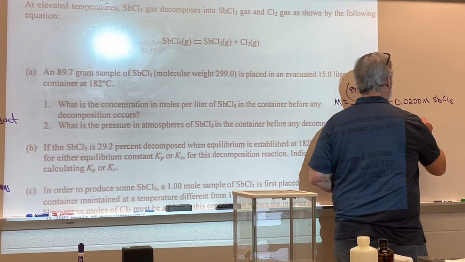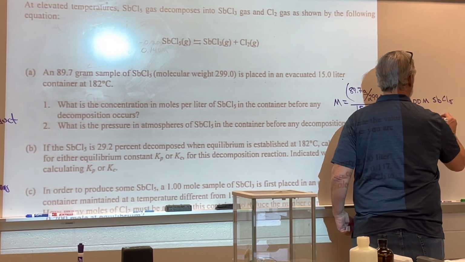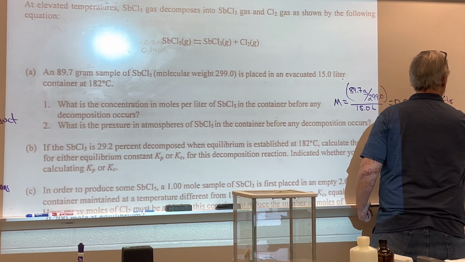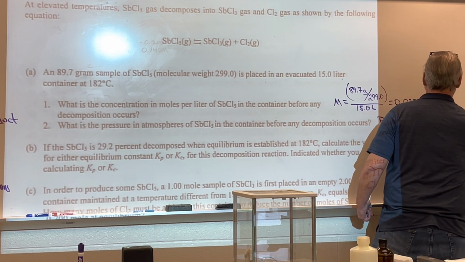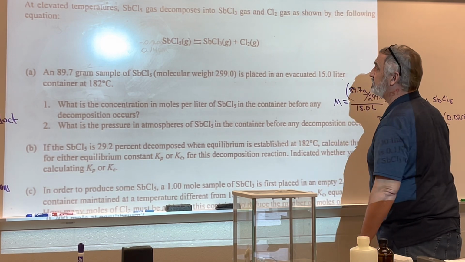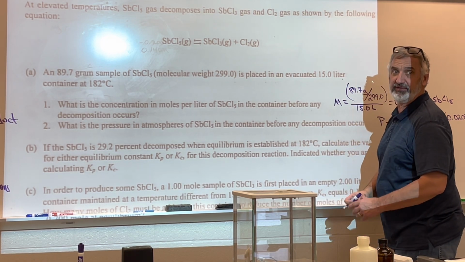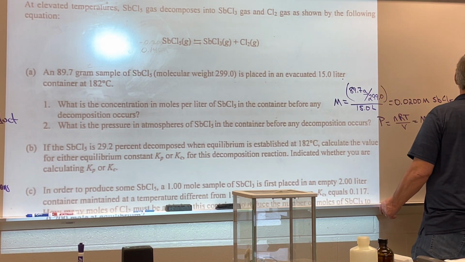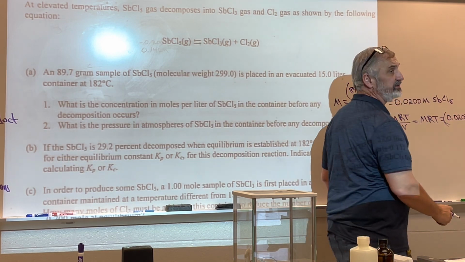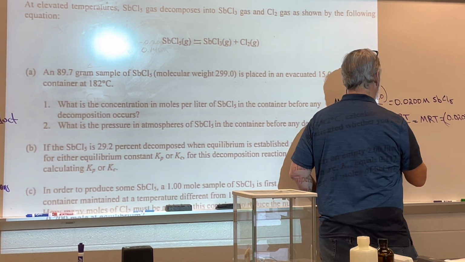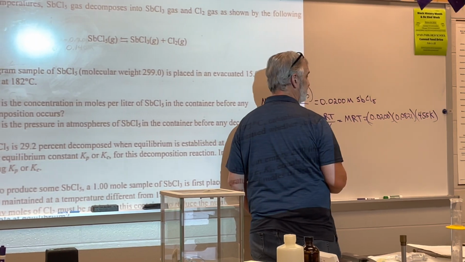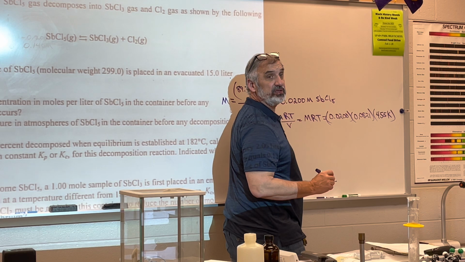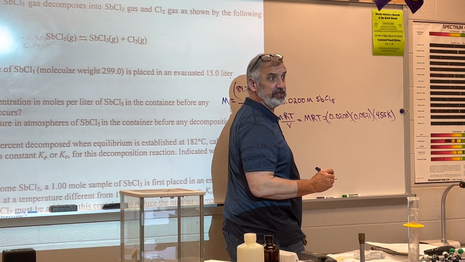So it's really P equals MRT, which is going to equal 0.0200 times 0.0821 times the temperature, which is 182 Celsius, but that has to be in Kelvin. 455 K. So make sure you remember to change that to Kelvin. So the pressure is going to equal how many atmospheres? 0.747. Everybody agree with that number?